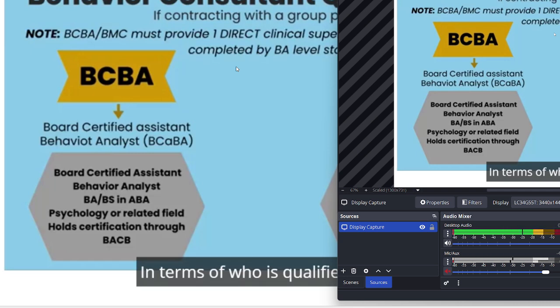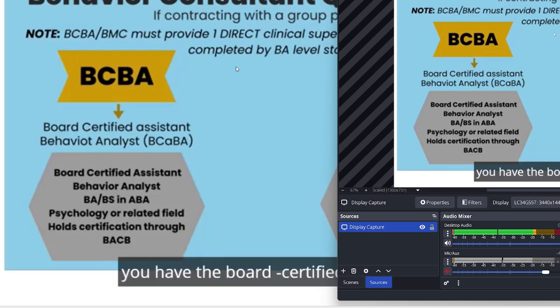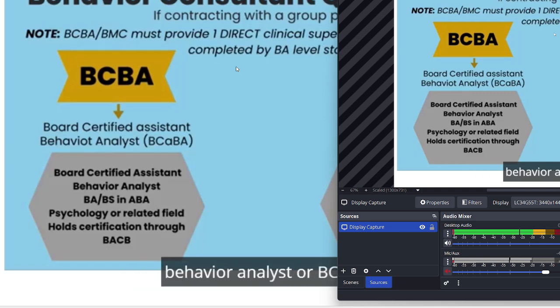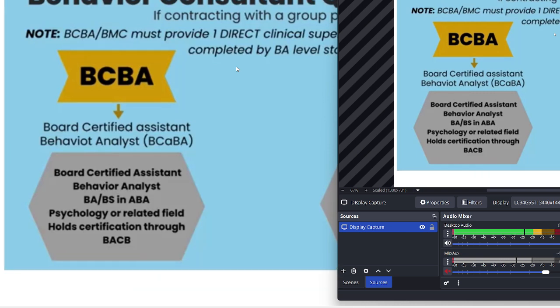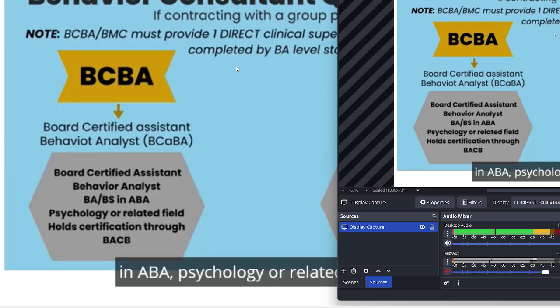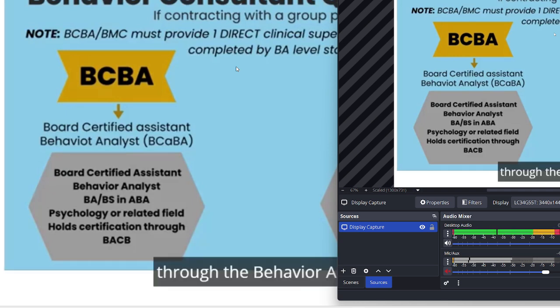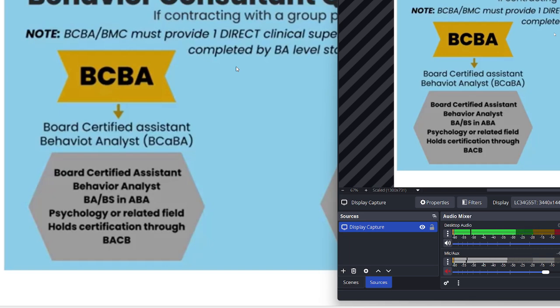In terms of who is qualified at the bachelor's level, under the BCBA, you have the board certified assistant behavior analyst or BCABA, and this person would have a BA or BS in ABA, psychology or related field, and also holds a national certification in behavior analysis through the Behavior Analyst Certification Board.